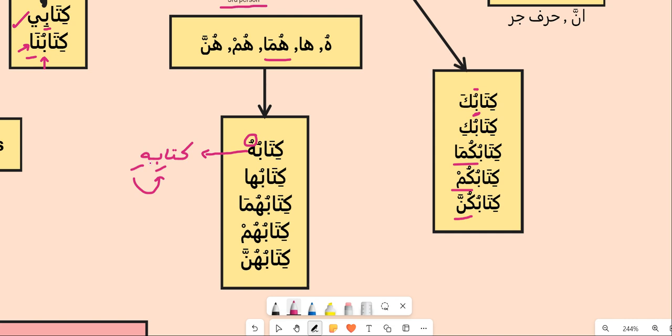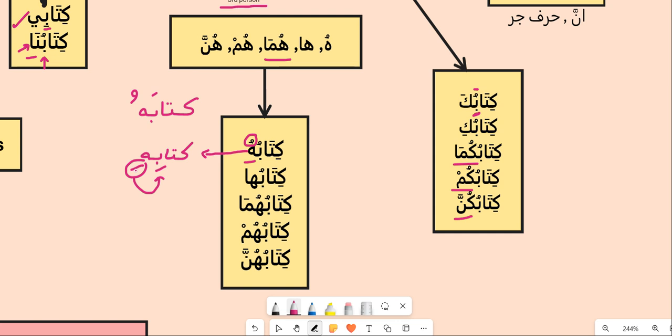Just like the ya mutakallim forces the ba to take a kasra, here the ha doesn't force the ba when it has a dhamma or when it has a fatha. It only goes along with the kasra. So if it has kitaba with the fatha, it goes along with the fatha, kitabahu. Only when it comes with kasra does it change its dhamma to kasra.